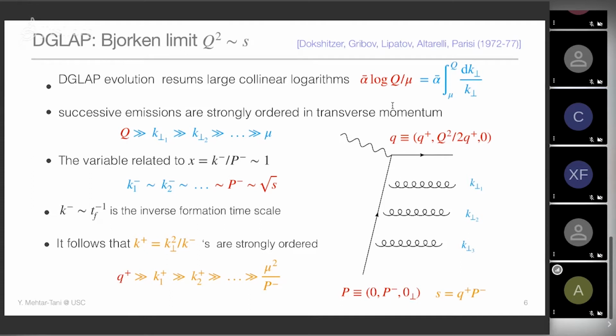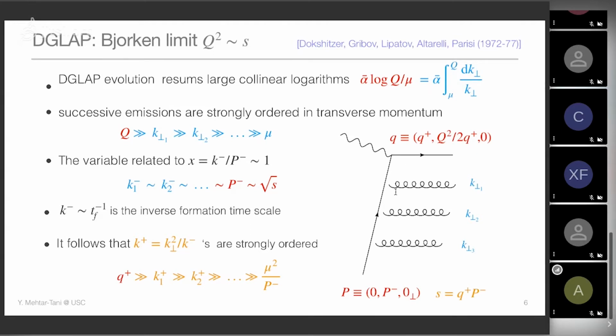These are collinear logs. So even though you assume that the coupling constant is small, this could be enhanced by a phase space factor, which is a log of Q over mu, where mu is some factorization scale, but typically we have in mind a non-perturbative scale such as lambda QCD, so you can have a large enhancement. This means that this is no longer a small contribution, and this will have to be resummed.